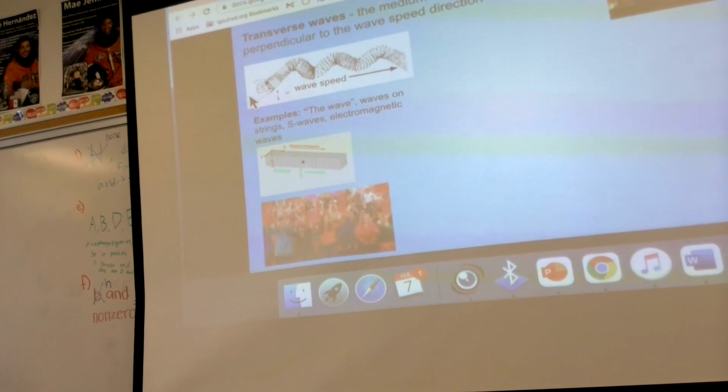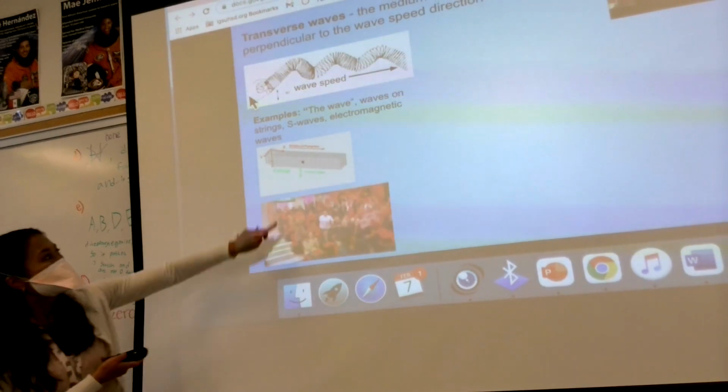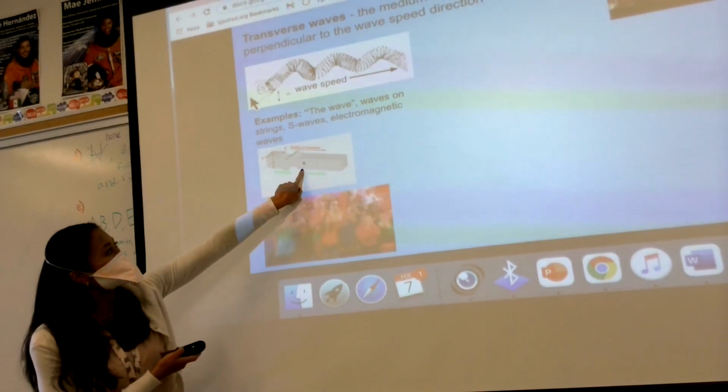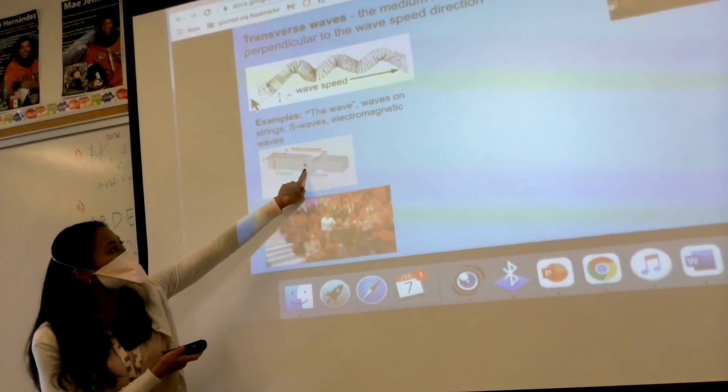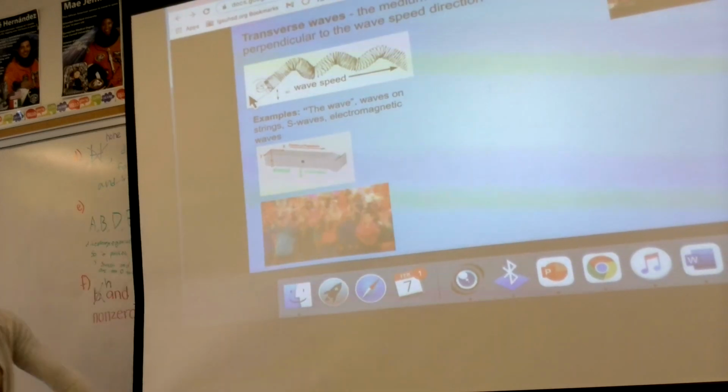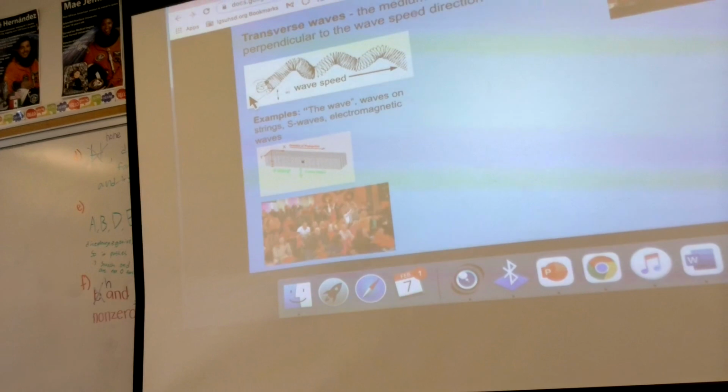The transverse wave has the same idea. If you look at this particle, it just vibrates up and down, so it's perpendicular to the motion of the wave. The best example I can give you of this is like a wave when you're in an audience at a stadium. When you create a wave, your body is a particle in the medium. It just moves up and down.